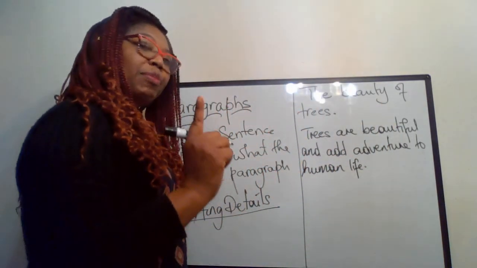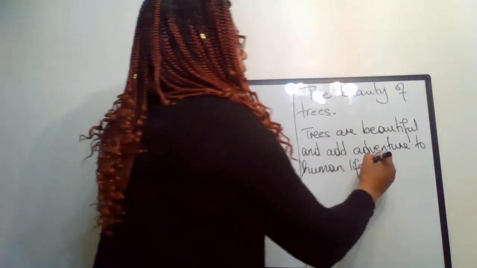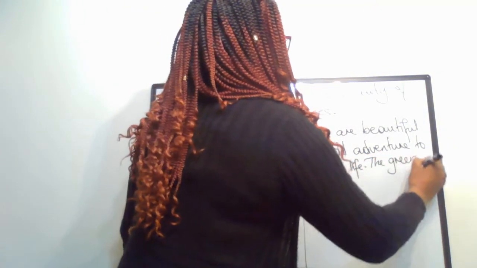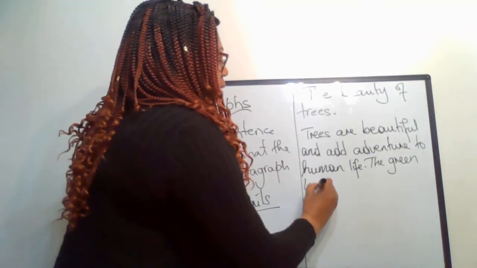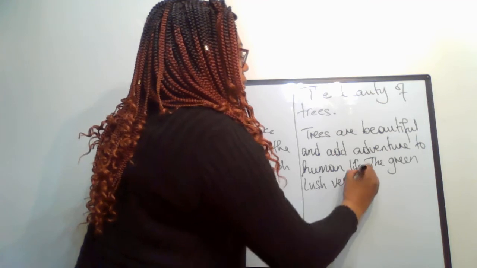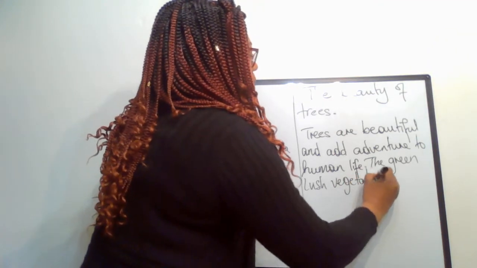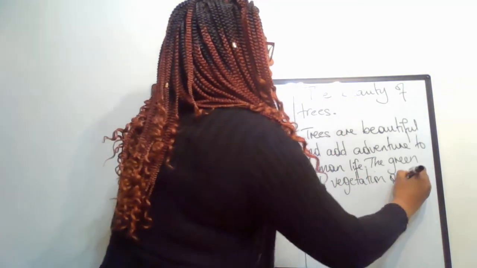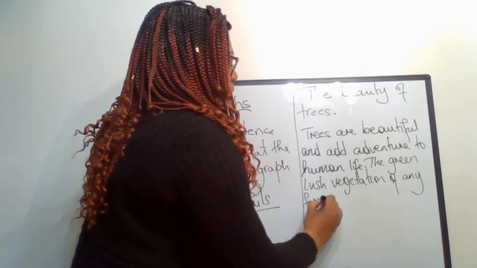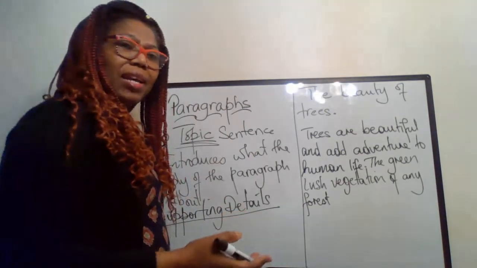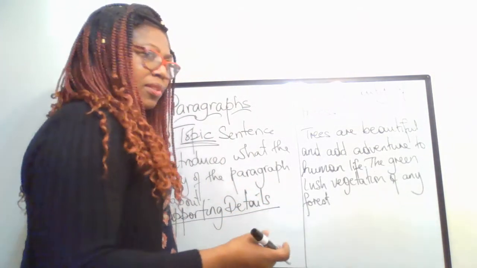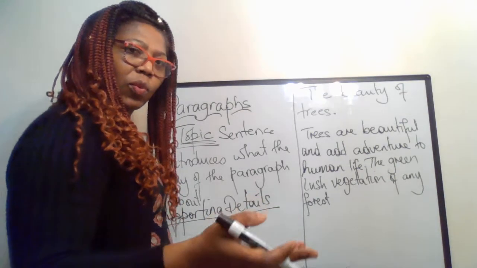Let's focus on the beautiful part first. So we can say something like, the green, lush vegetation of any forest. And you realize my sentences are not those, what we'll call them again?